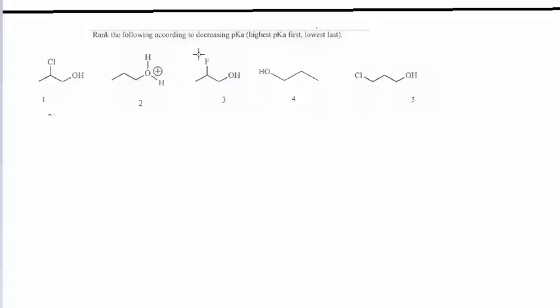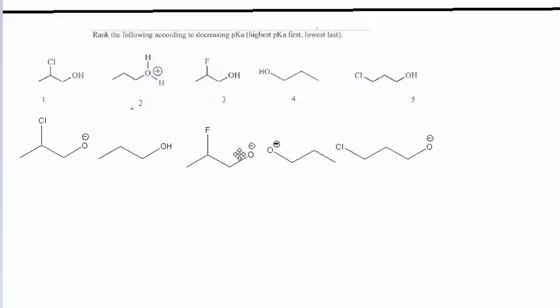So the first thing I would do once again is convert all these acids to their conjugate bases. So that looks like this. Then once again, we're going to go through each of our criteria from top to bottom. So the first is, what atom bears the negative charge? Well, it's simple in this one, each of them is going to be oxygen.